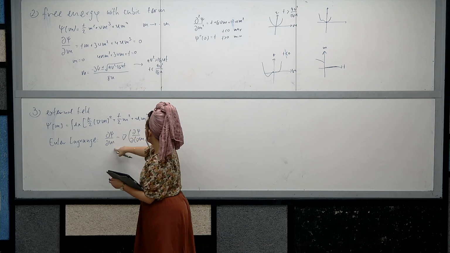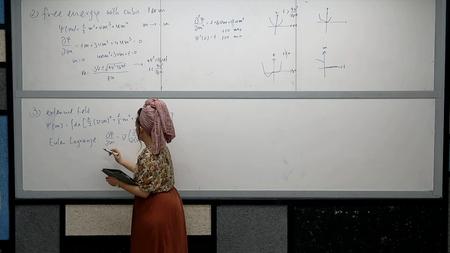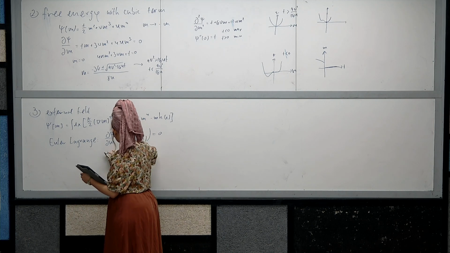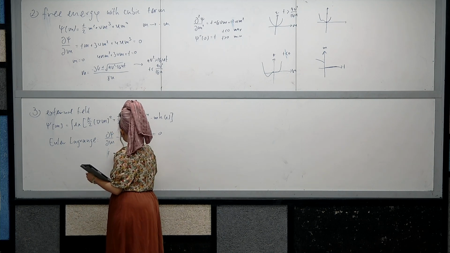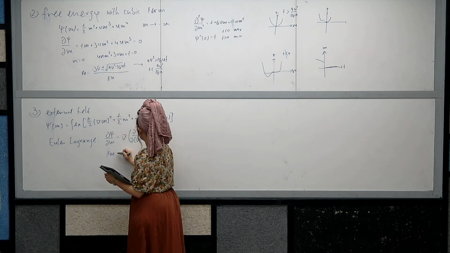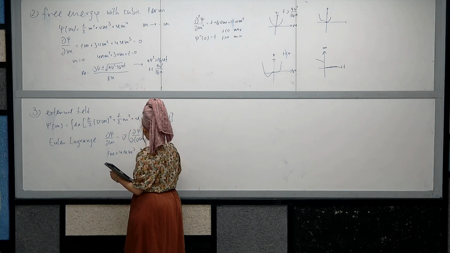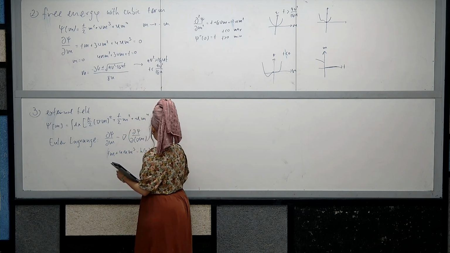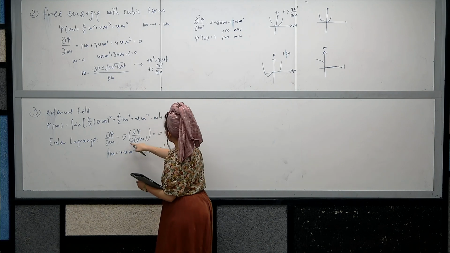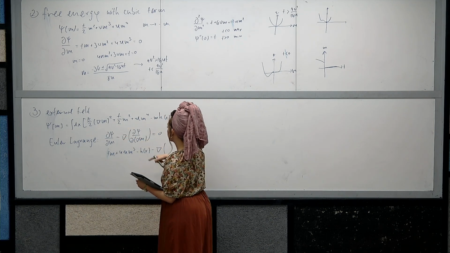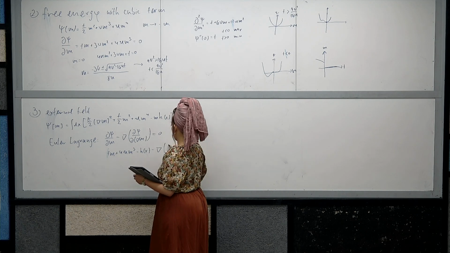First we take the derivative with respect to m, so we have tm, and this is the derivative of this.